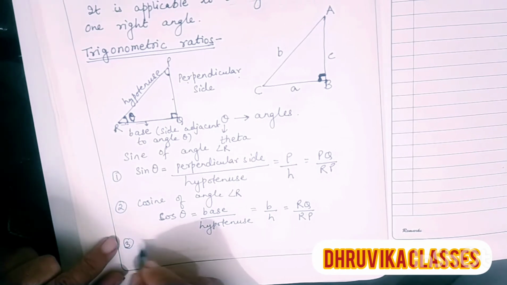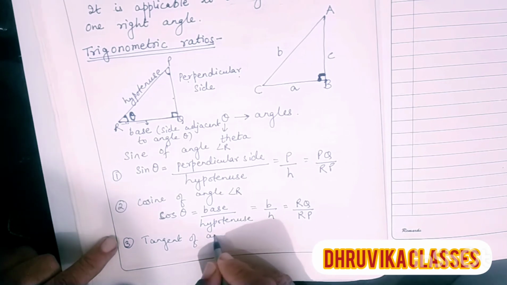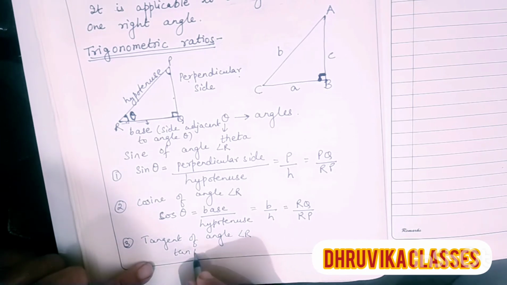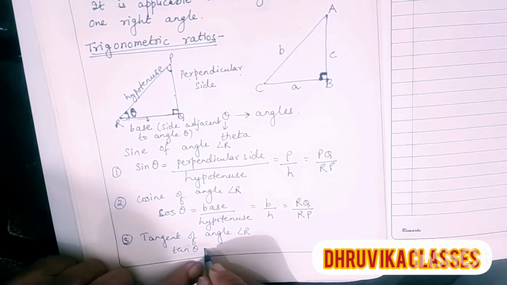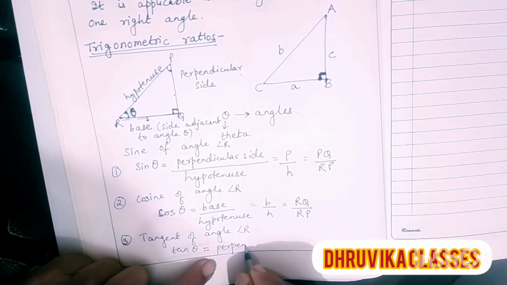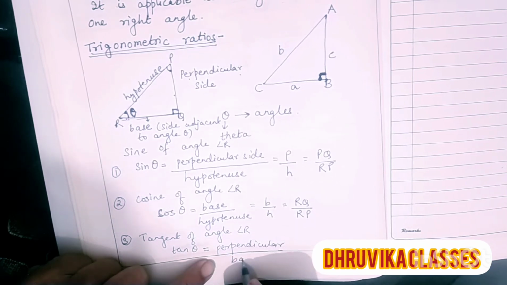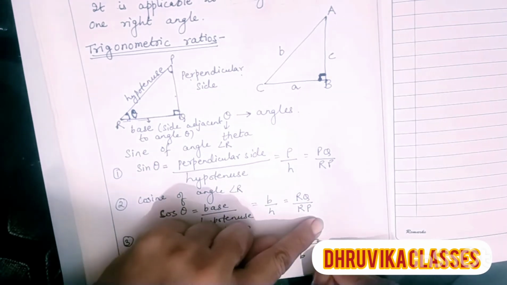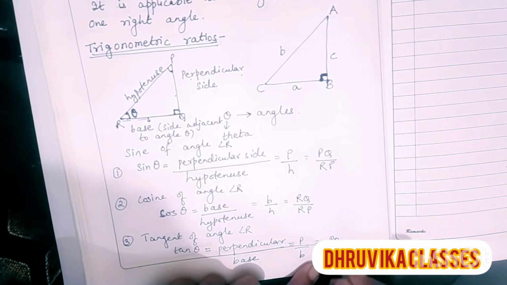The third one is tangent of angle R, that is tan theta. In short we write tangent of angle theta as tan theta, and it is perpendicular by base, in short P by B, and according to the side convention we can write PQ by RQ.